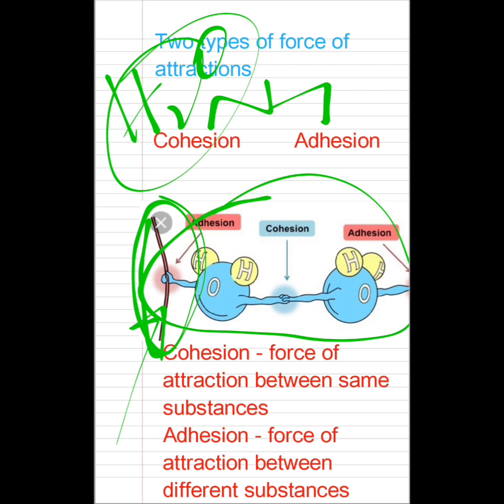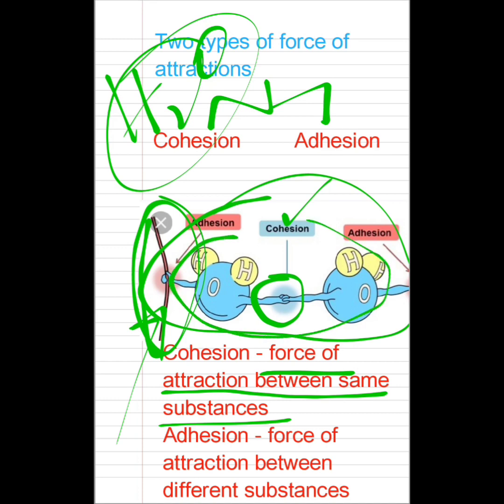We can see two types of forces. One is cohesive force or cohesion, that is, the force of attraction between the same substances. In the case of water, this is cohesion: the water molecules stick together, or hold each other, through this cohesive force.